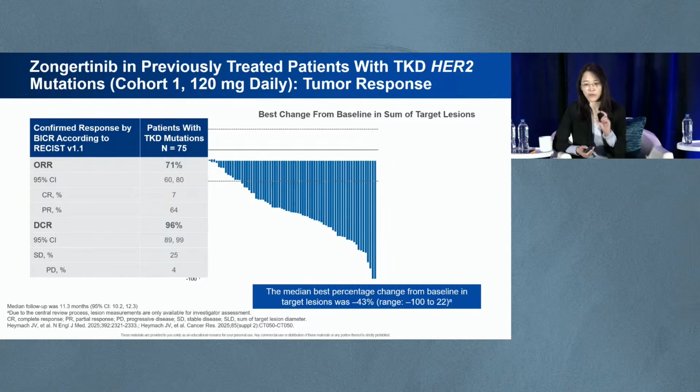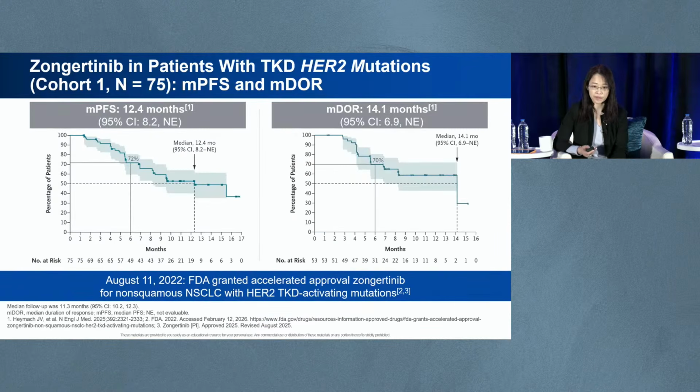I also have to remind you that this is only for TKD domain patients, just like Dr. Yang was saying, that for small molecules this is particularly efficacious. The disease control rate is as high as 96%, almost as good as some of the EGFR TKIs we're using today. The median PFS is 12.4 months, and the duration of response is 14.1 months.